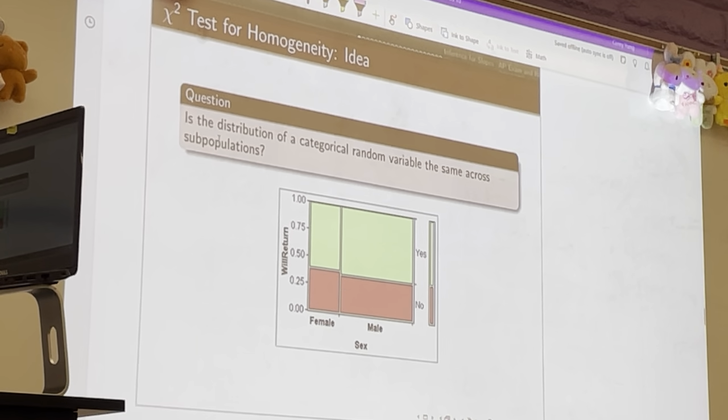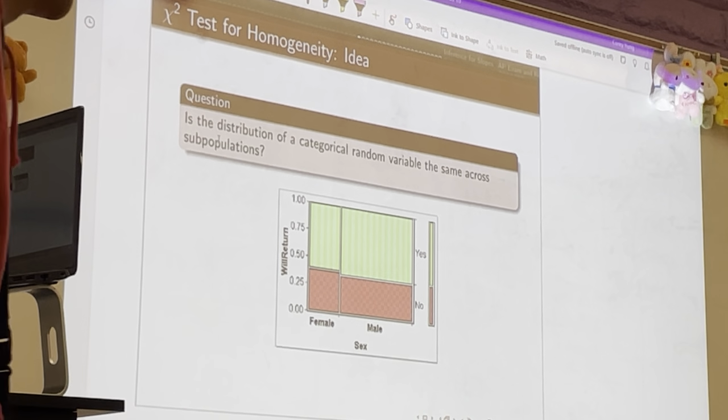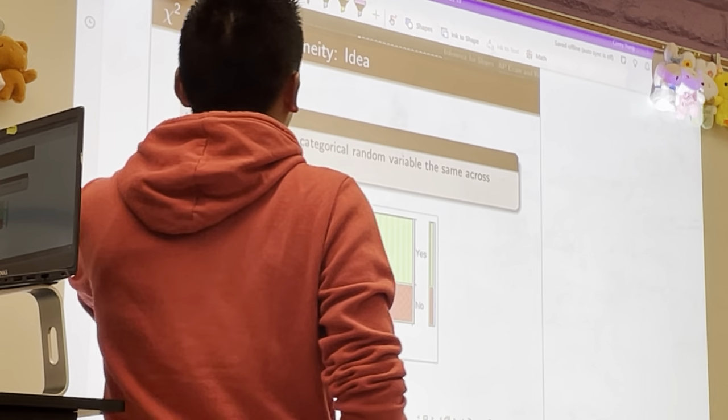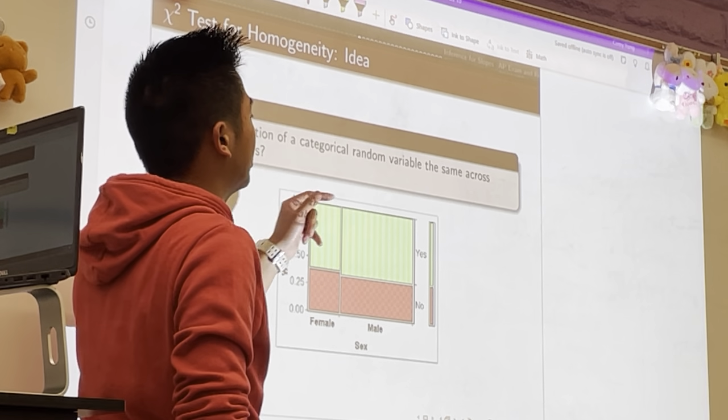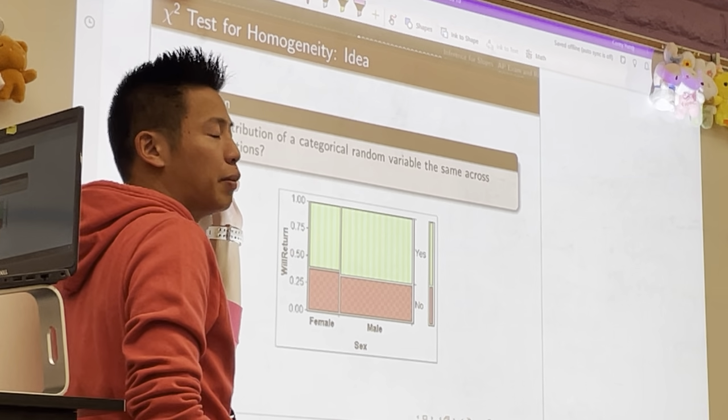Okay, so the chi-square test for homogeneity. The idea behind this test is: is the distribution of a categorical random variable the same across multiple populations?